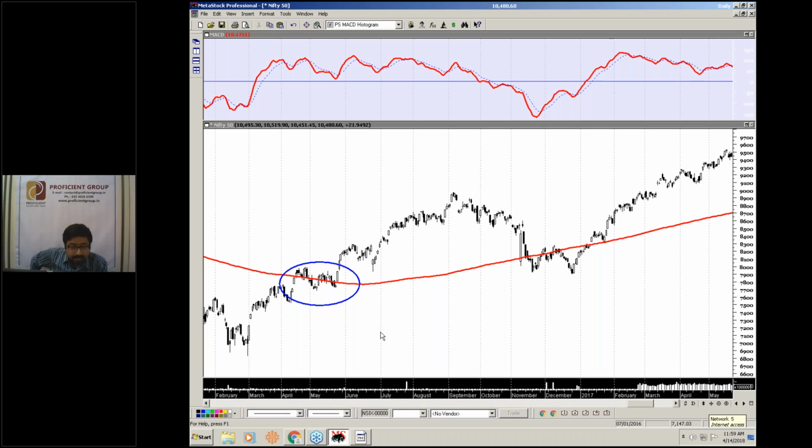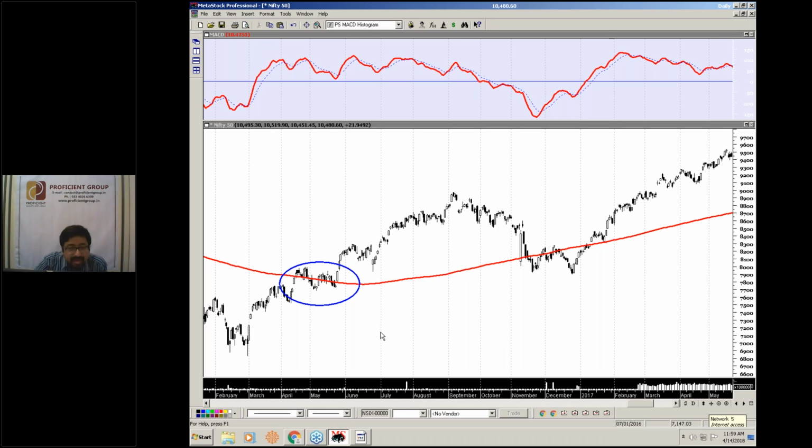When prices crisscrossed, went higher and below the 200-day moving averages many times, 5 or 6 times. So if someone trades only with the help of one particular indicator or one particular moving average, then he will be stopped out here several times.